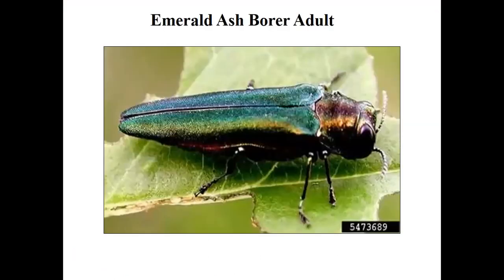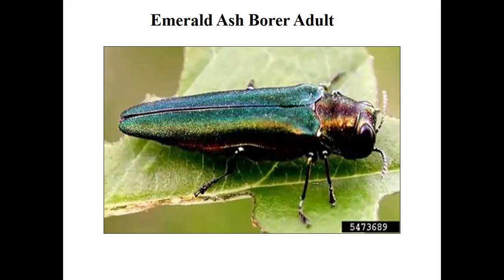This one is the emerald ash borer. It was discovered in southeastern Michigan near Detroit in 2002. It's a small, elongated oval beetle that is green and metallic. It attacks ash trees, or Fraxinus species, hitting the top and then moving down the tree. The adults do a little nibbling on the foliage but cause little harm.